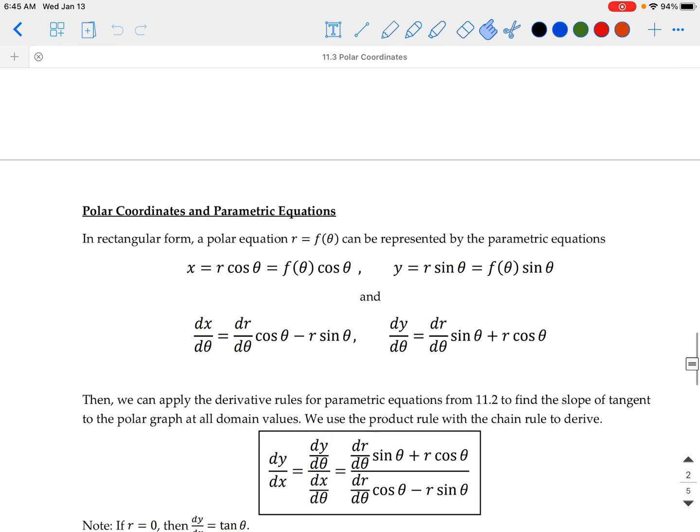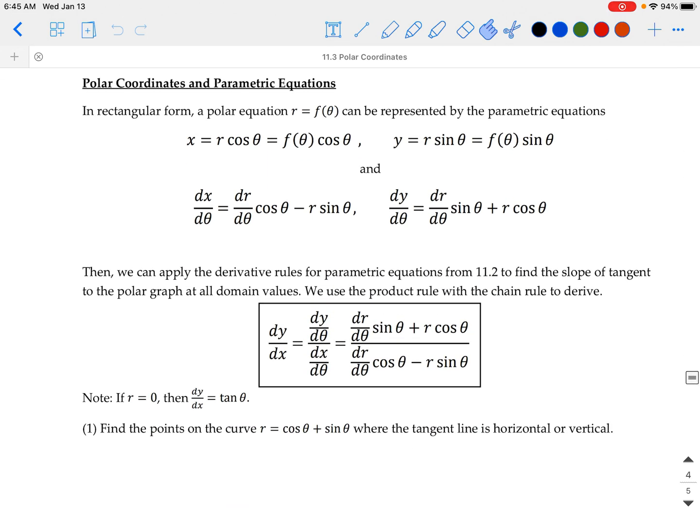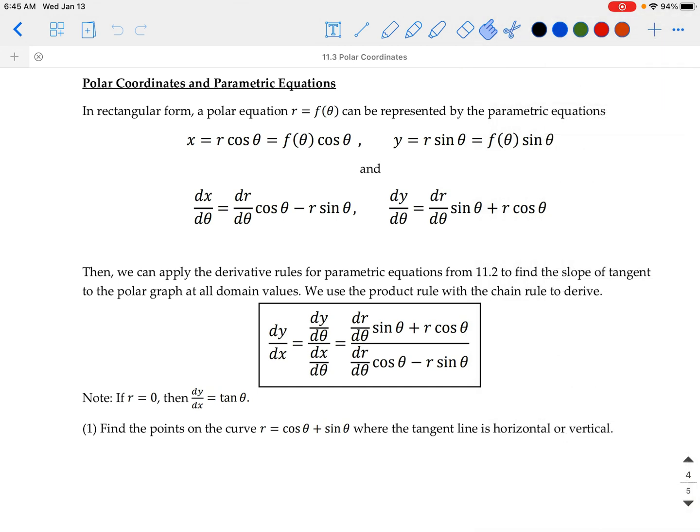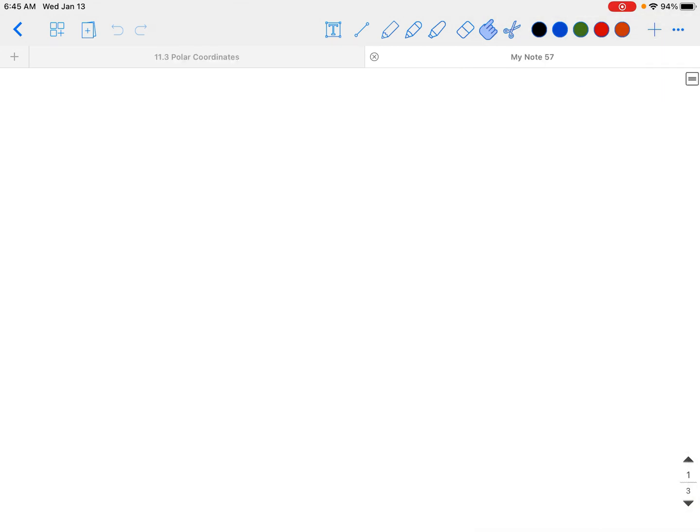So today we're going to look at how we can apply polar coordinates as parametric equations and then compute their derivatives. So in other words, if we have a polar equation of some kind, maybe a cardioid, r equals a plus a sine theta.